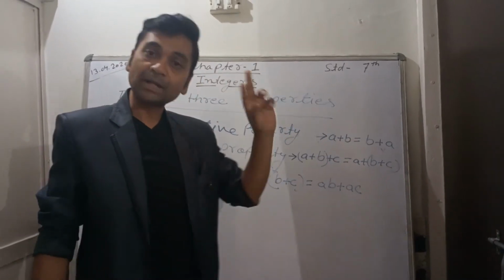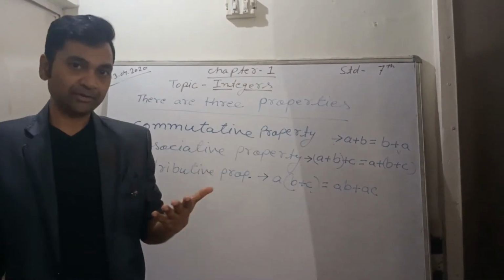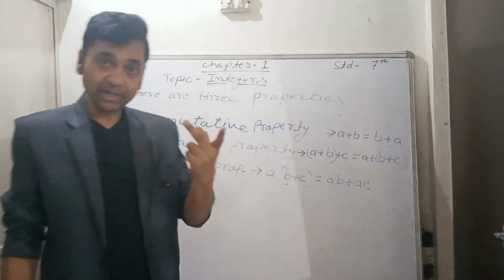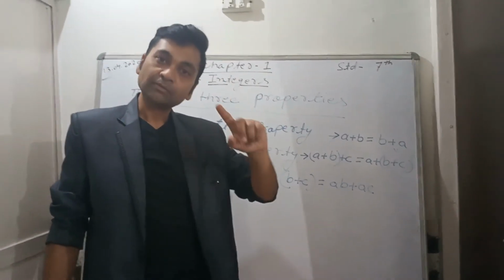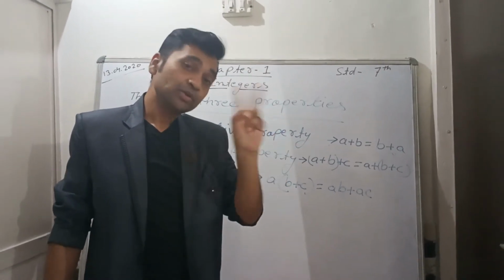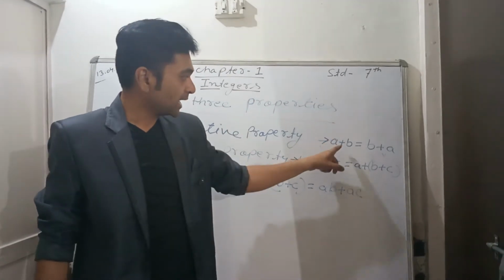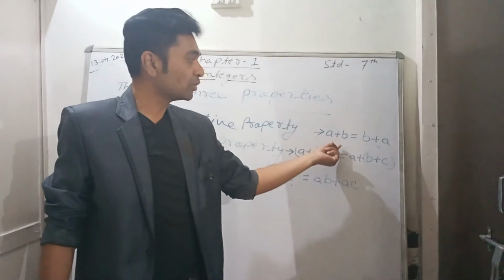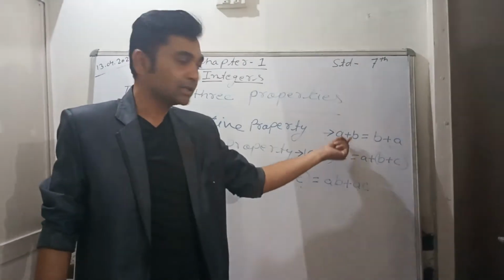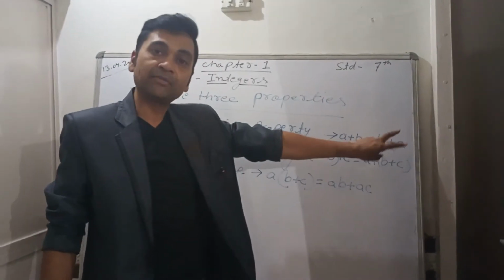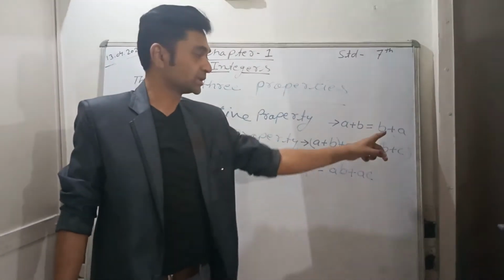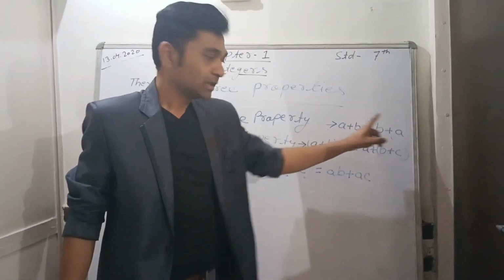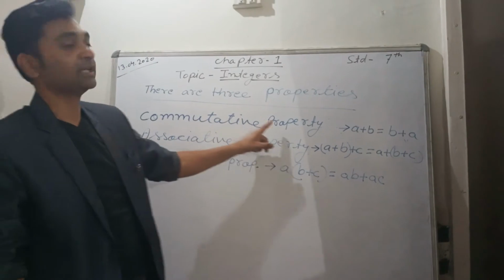If we add 2 plus 3, we will get 5. Now if we add by reversing the order, 3 plus 2, we will get 5. Hence, if we add the 2 integers a plus b, the same result we will get if we reverse them, b plus a. So this is called our commutative property.